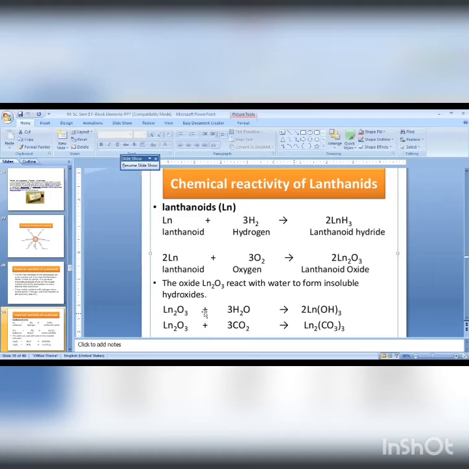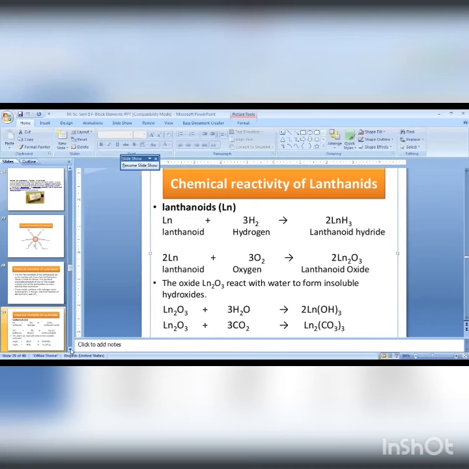That means if we take for instance Ce2O3, when reacting with 3 molecules of water, 2 Ce(OH)3, that is cerium hydroxide, which is almost insoluble in water. With carbon dioxide, it can form the corresponding carbonate. So Ce2O3 plus 3 CO2, that is Ce2(CO3)3. So cerium carbonate is formed.